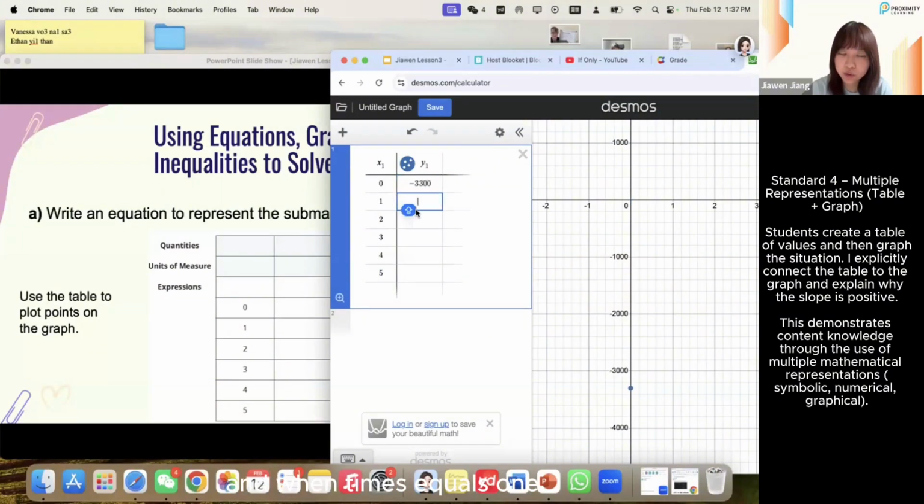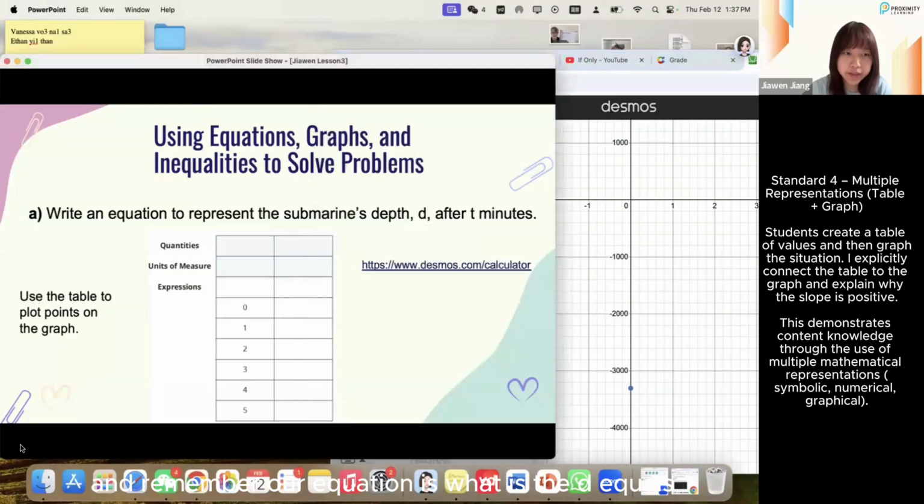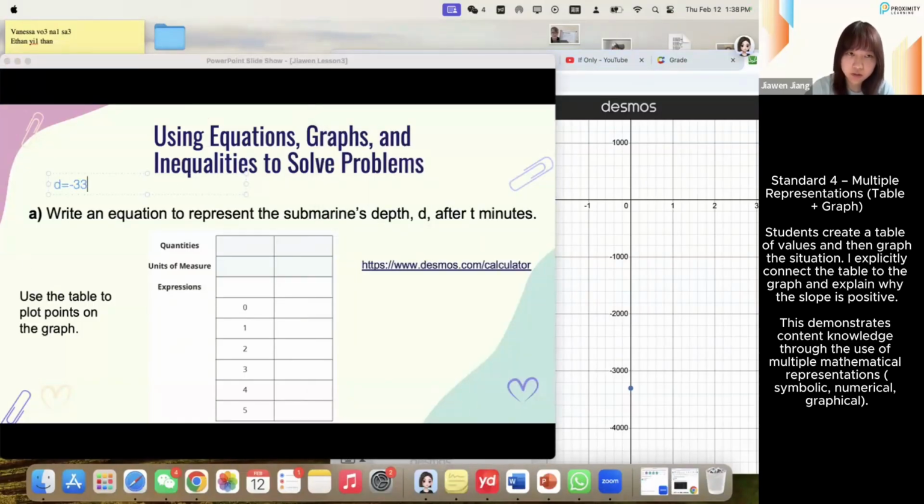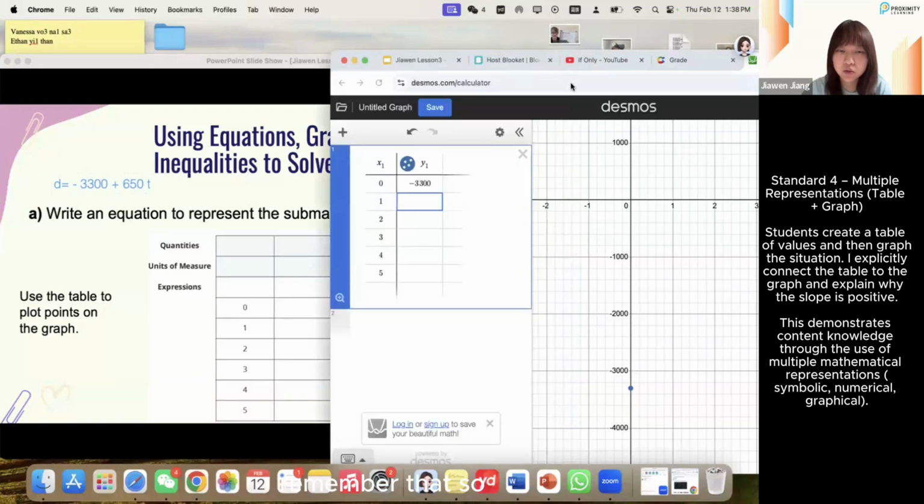When time equals 1, remember our equation: D equals negative 3300 plus 650 times t. This is a negative number, remember that. We plug in t equals 1 and get minus 2600.